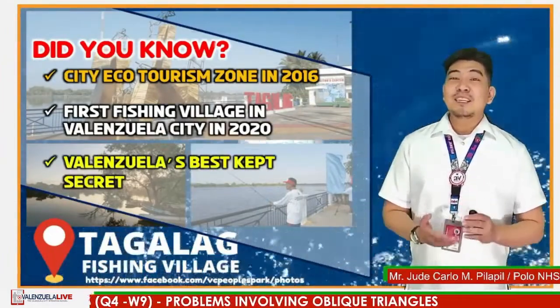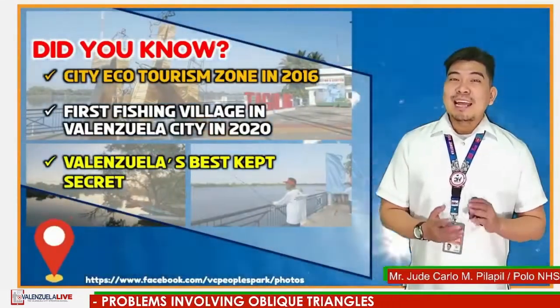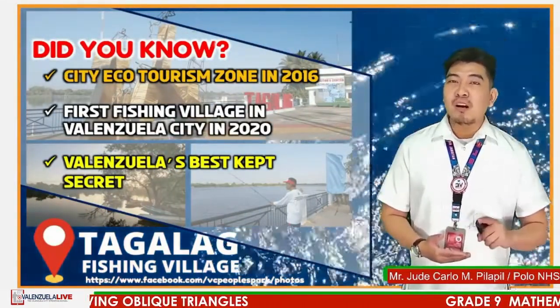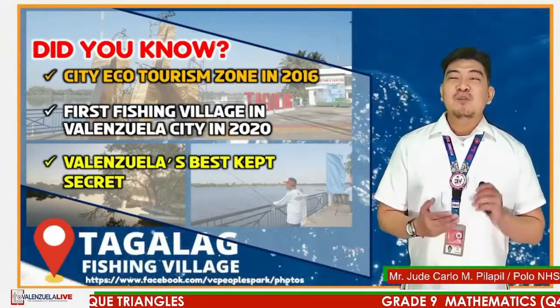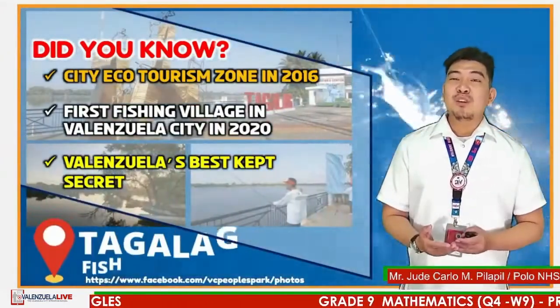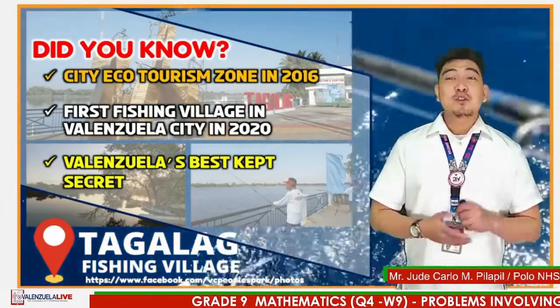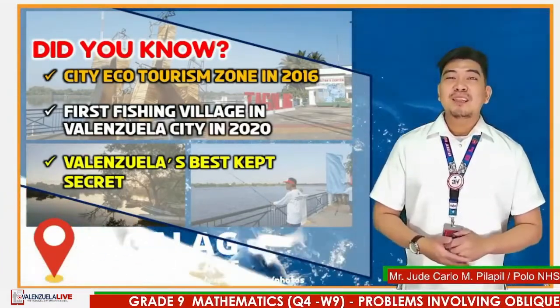Valenzuela City's best-kept secret lies beside a 1,300-meter boardwalk with light posts and fence adorned with statues of fish that can be caught there. It was constructed to preserve the fishing site.